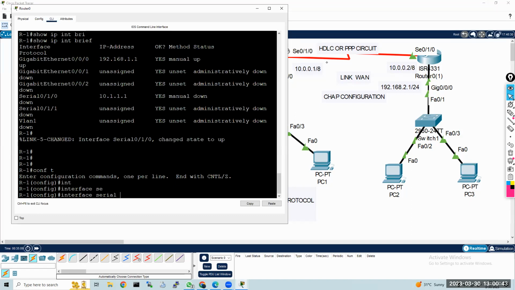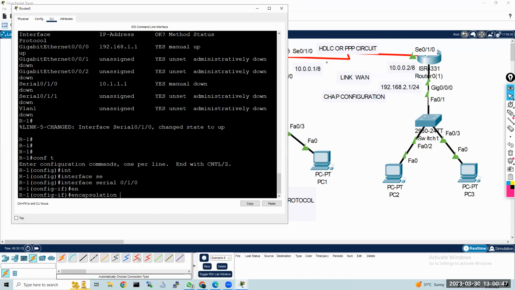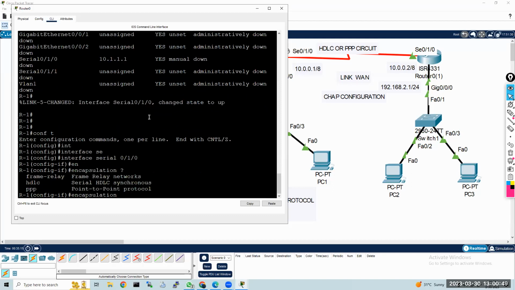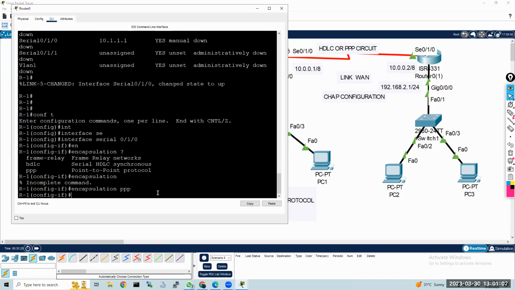Interface serial 0/1/0, encapsulation. If you give the question mark, we can see we can configure point-to-point protocol or HDLC. Let's do PPP on one side.